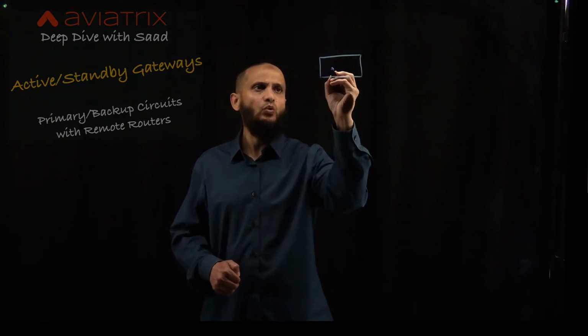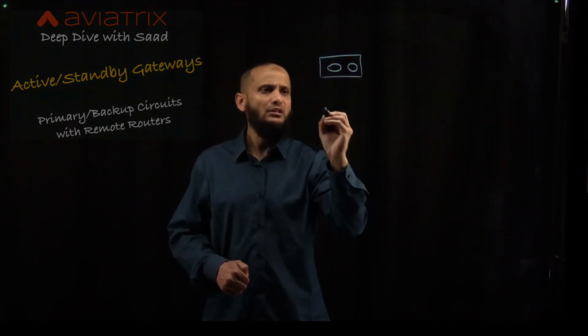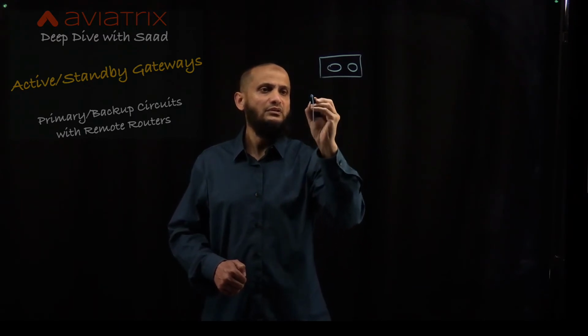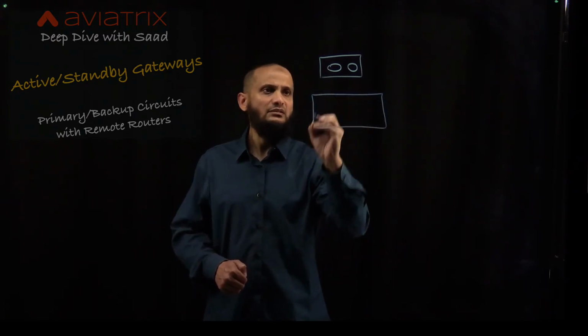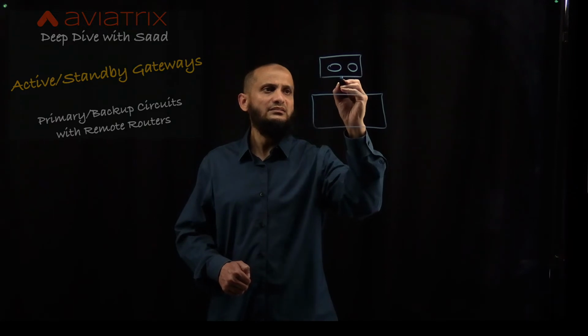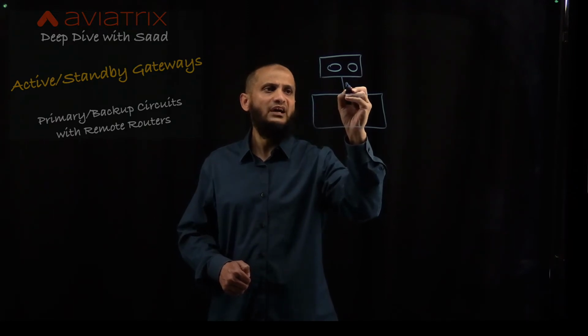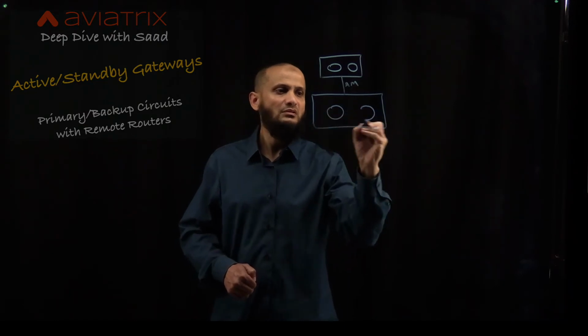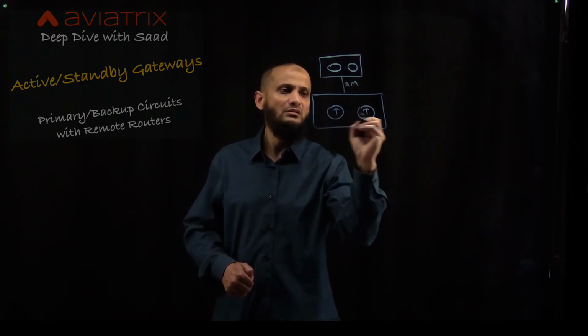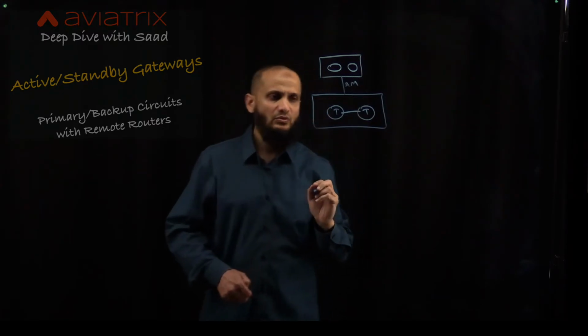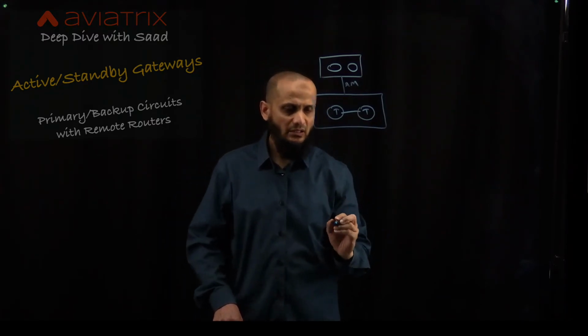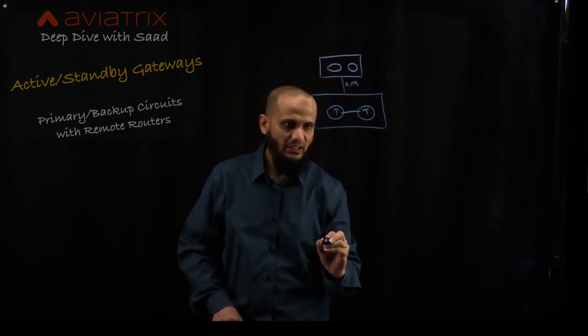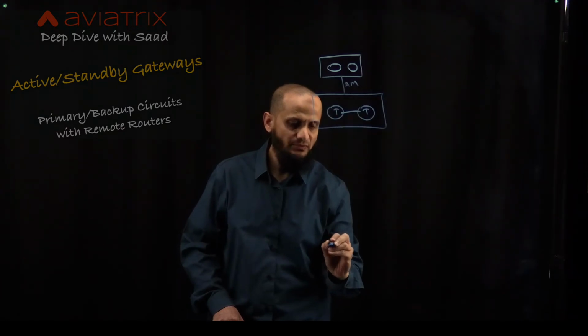I'm just going to draw one. And then you have transit. Let's say there's already an ActiveMesh connection. Transit over here.